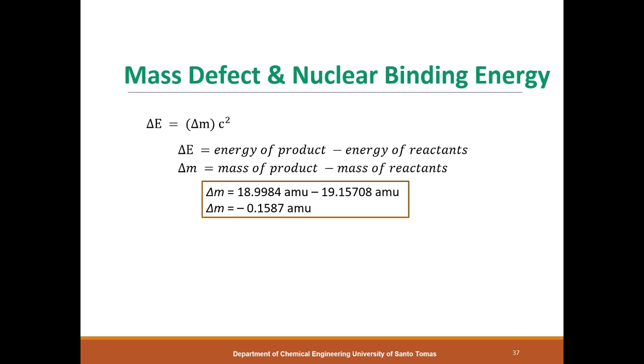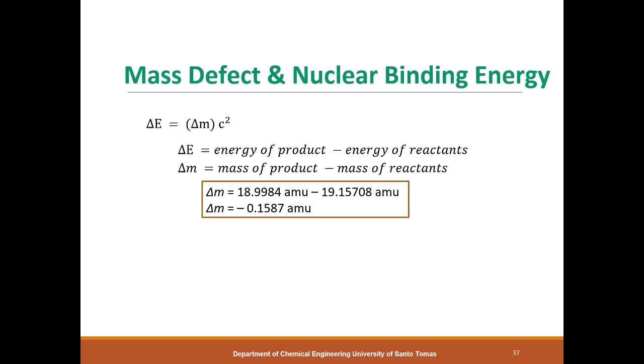Now, because fluorine-19 has a mass that is less than the mass calculated from the number of electrons and nucleons present, delta m is a negative quantity. Consequently, delta E is also a negative quantity. That is, energy is released to the surroundings as a result of the formation of the fluorine-19 nucleus.